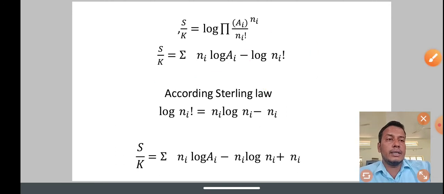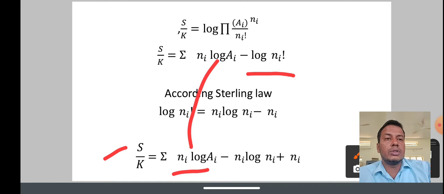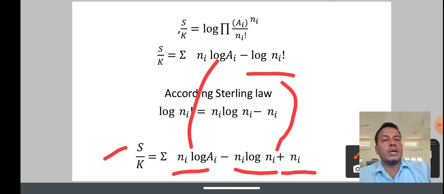We can see here S by k equal to sigma N_i log A_i, same as it is, then minus N_i log N_i plus N_i. This is the expansion of log N_i factorial using the Stirling law.